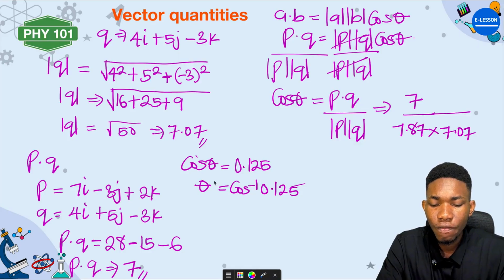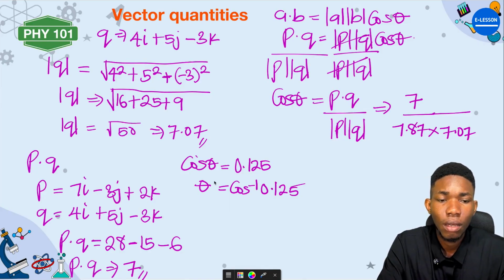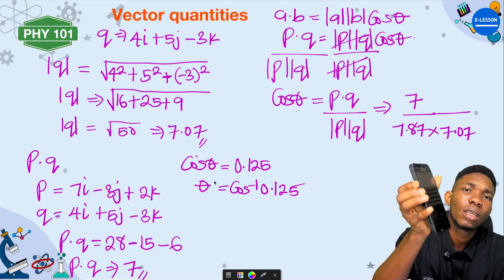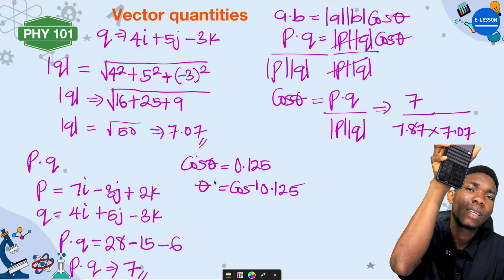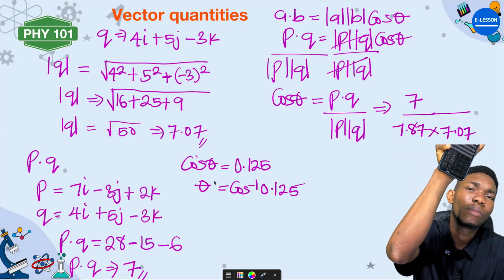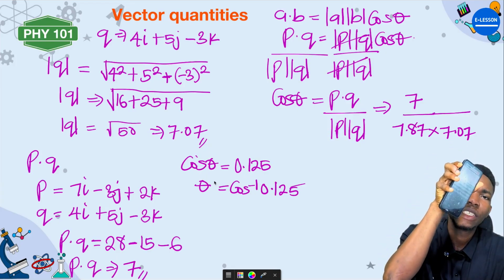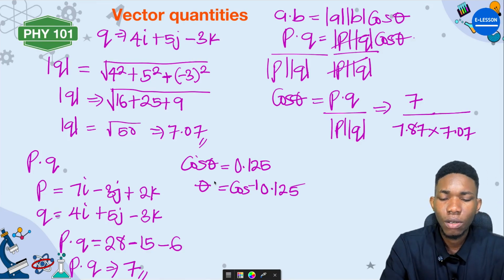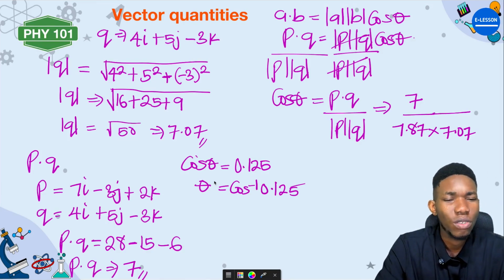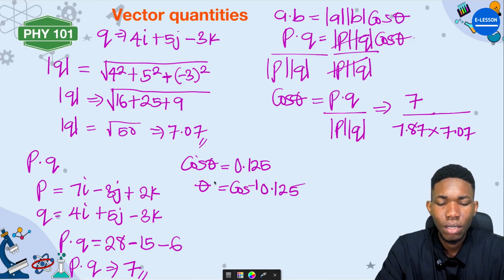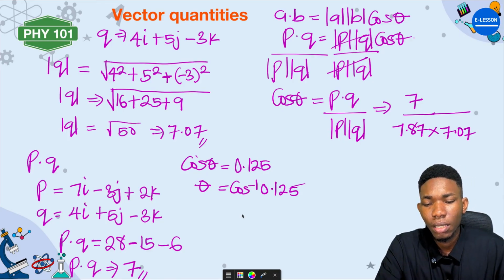Press shift cos. You already have your cos in your calculator. If you are using a normal scientific calculator like this, just press shift cos. Are you getting it? Shift cos, then 0.125.